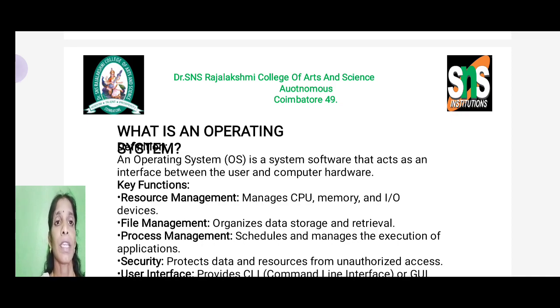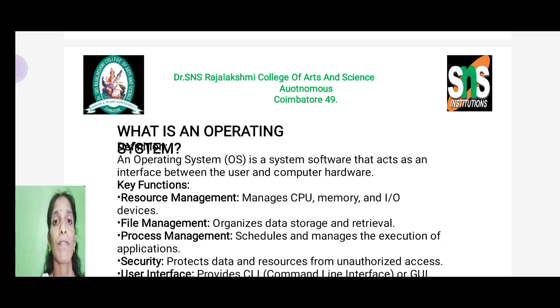File management. It is about organizing data storage and retrieval. Each and every task or data should be stored in some memory, which leads to accessing or retrieving the data promptly for the user. This is file management. Process management is about scheduling and managing the execution of applications.